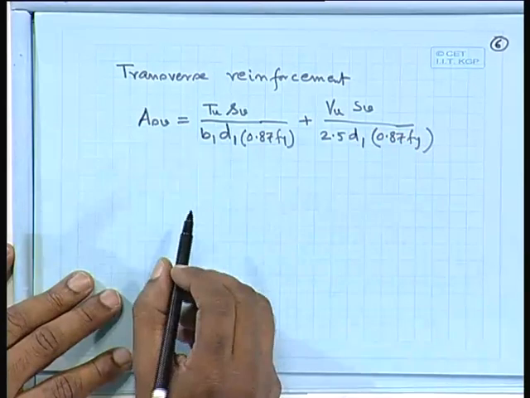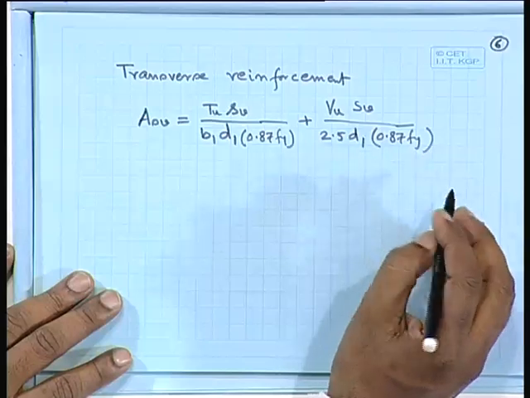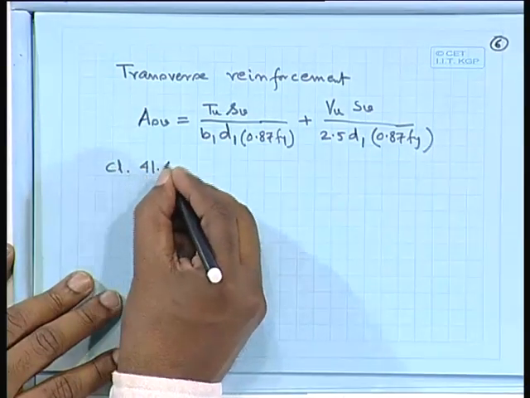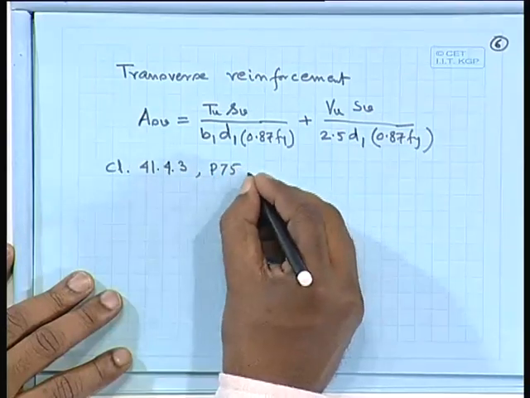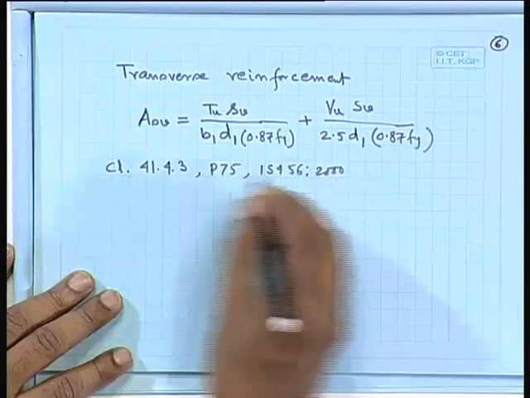We can find the area of steel using this formula in clause 41.4.3, page 75, IS 456 2000.